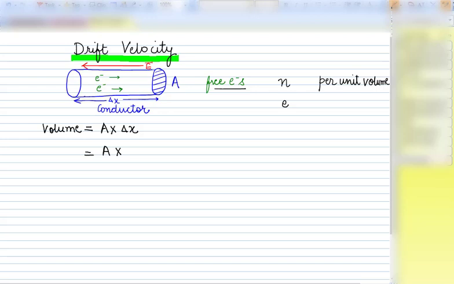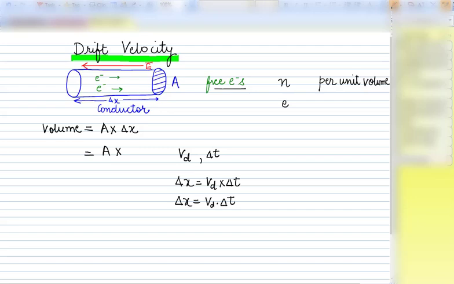And if you want to calculate this length, it is very easy because the electrons are now moving with the drift velocity Vd. So the velocity of these electrons is Vd, and we consider the total electrons or the charge transported across area A to the right in delta t time. In delta t time, electrons drift with the velocity Vd, then the distance covered delta x will be velocity multiplied with time.